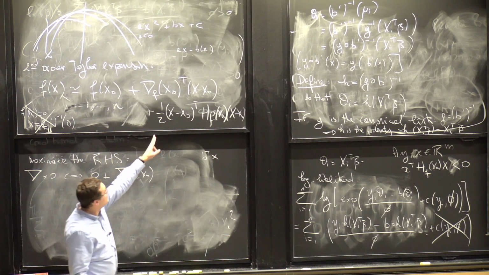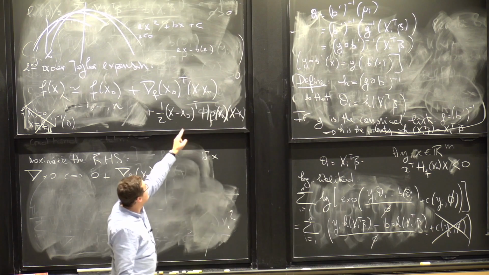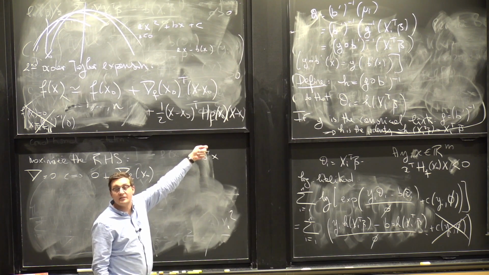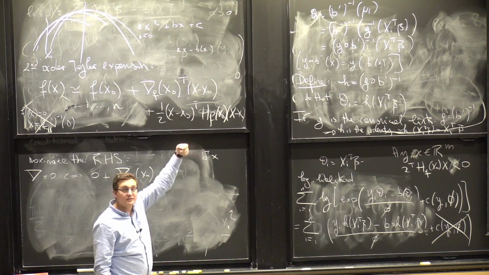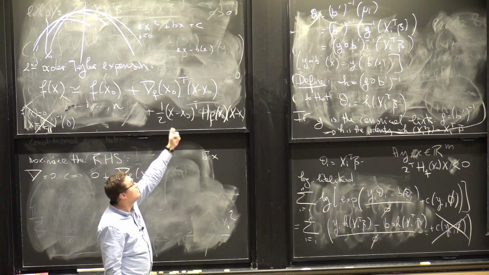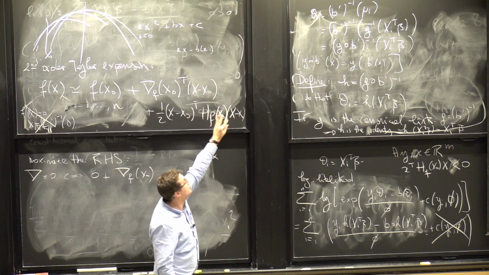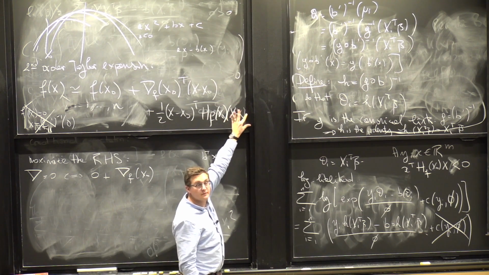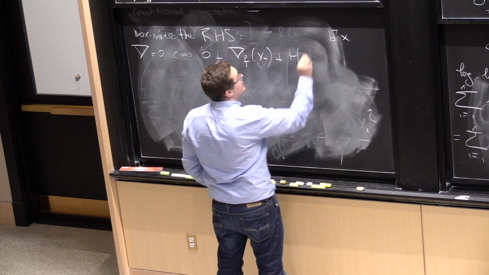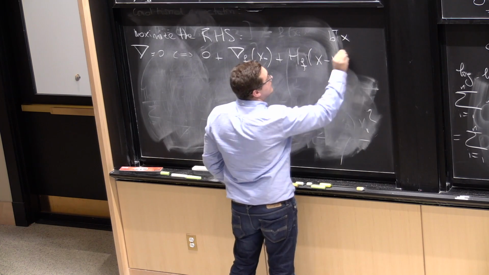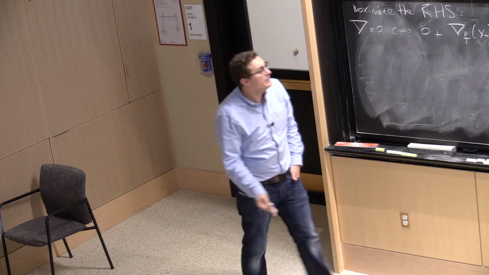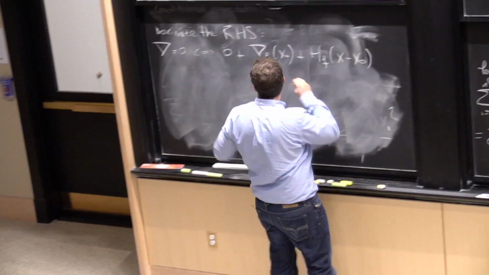Then I'm looking at the derivative of this quadratic term. It's like h times (x minus x0) squared. When I take the derivative, a factor 2 pops out and cancels the 1/2, and I'm left only with this part times this part. So that's plus Hf (x minus x0). That's just the gradient, and I want it to be equal to 0.